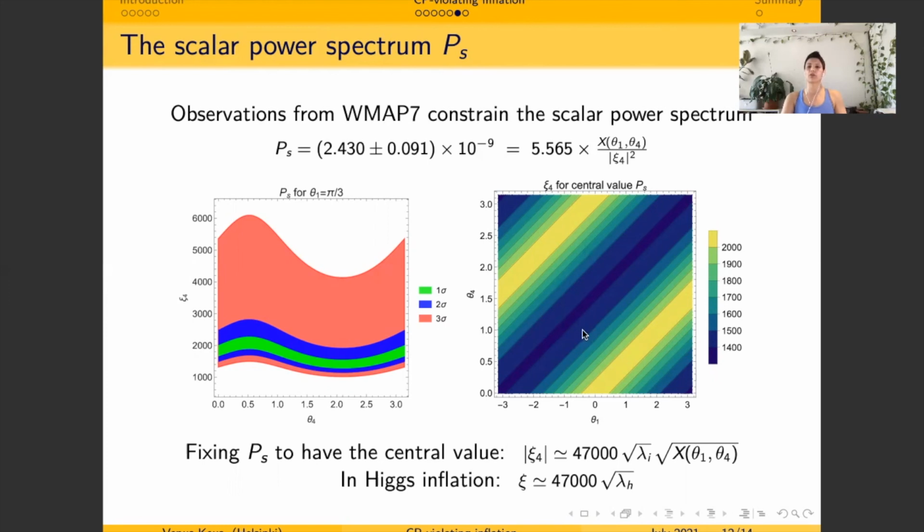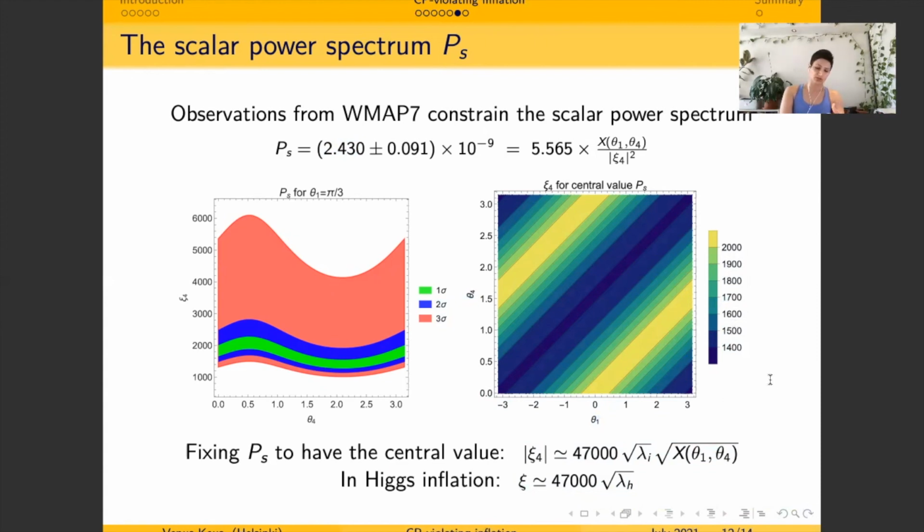And because you have these extra parameters to play with, you can predict the central value of PS. So I've fixed my PS prediction for the model to be at the central value that has been observed, and I'm showing you that for different values of θ1 and θ4, with different values of this non-minimal coupling to gravity, you can abide by the observational bounds.